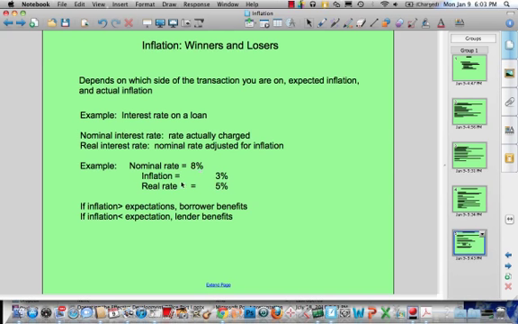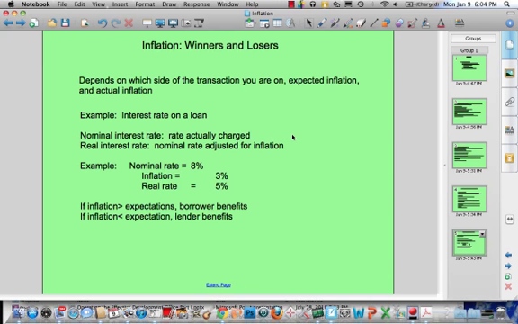Now, let's use a couple of examples here to show what happens and who the winner is depending on what happens with inflation. If inflation is greater than expectations, the borrower is the one who benefits. Well, the borrower benefits because they'll end up, in this case, repaying their loans with funds that actually have a lower value than had been expected.